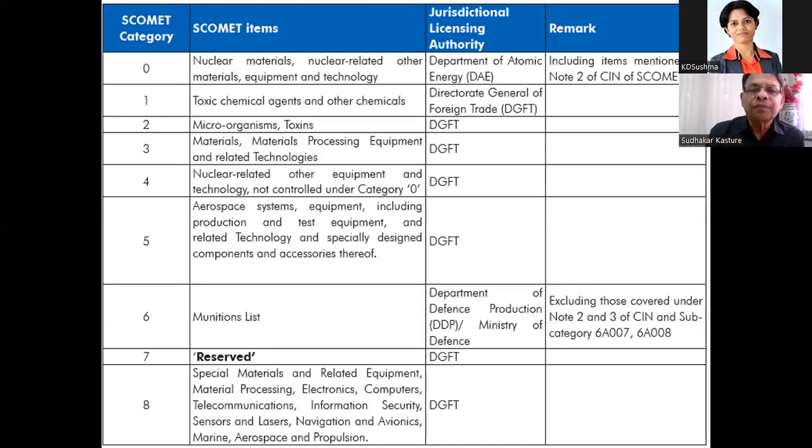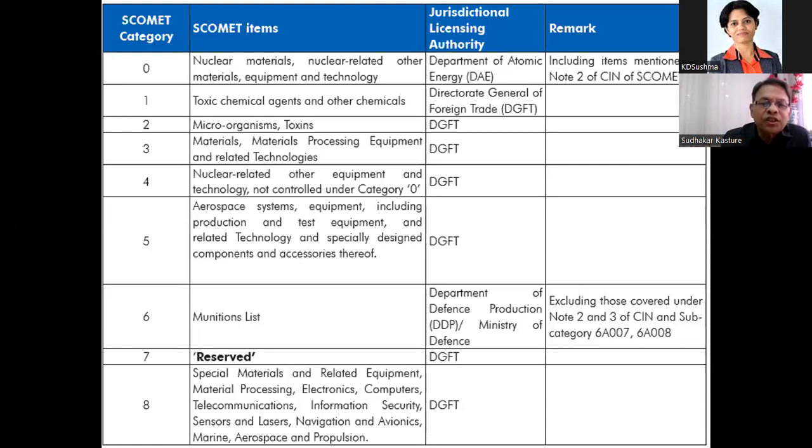Aerospace system equipment including production and test equipment, related technology, specially designed components and accessories, DGFT. Munitions list, Department of Defence Production, Ministry of Defence. Category 7 reserved.